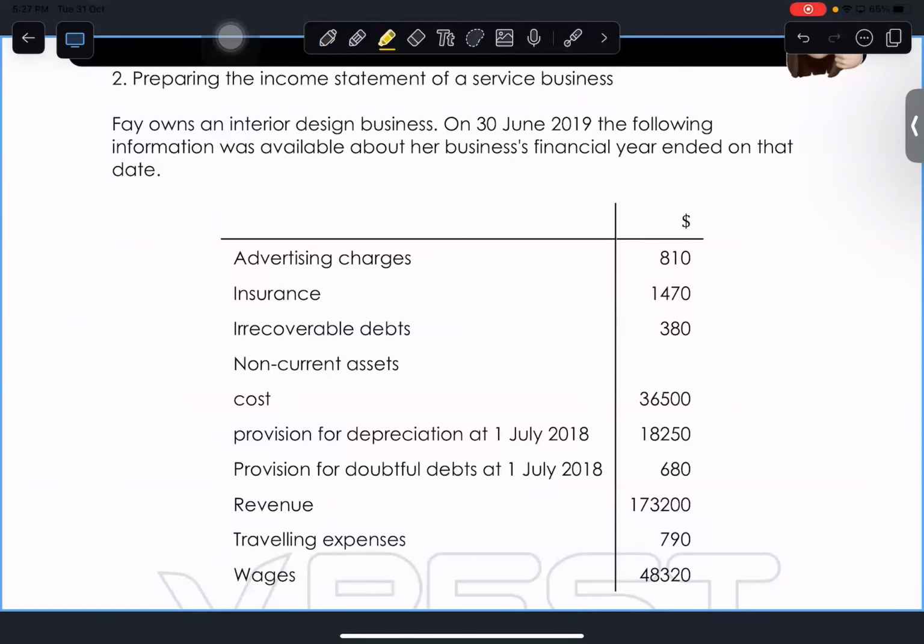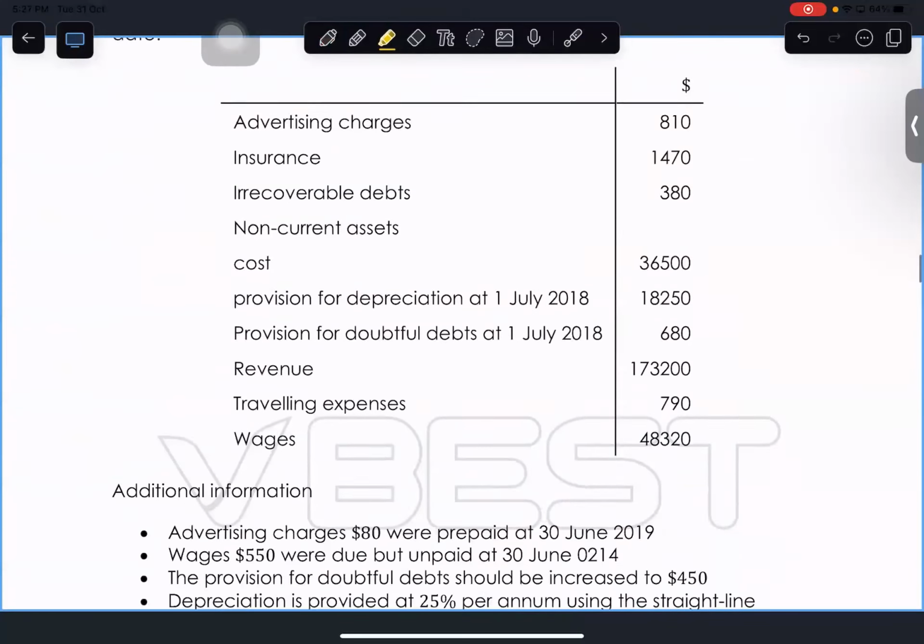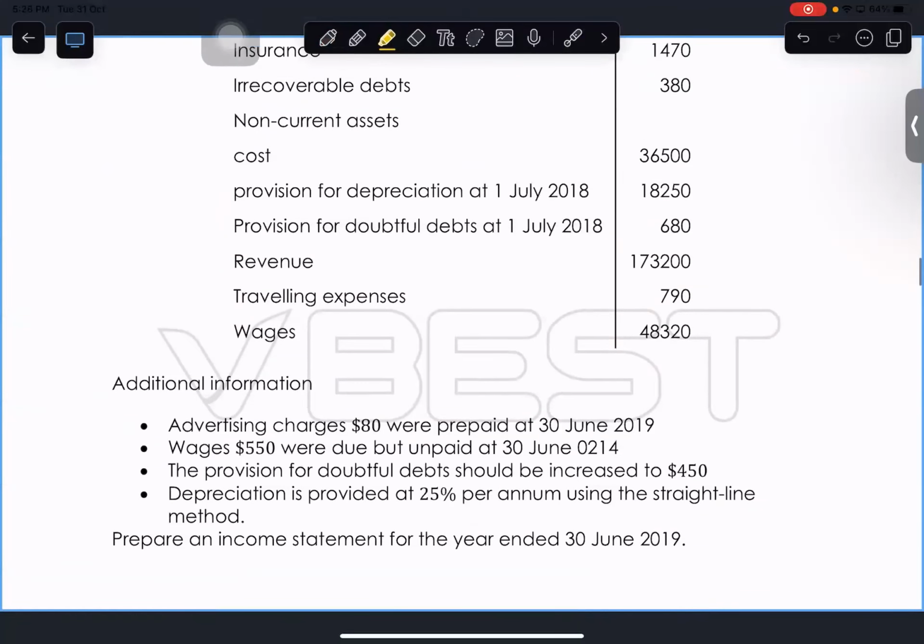For the things here, preparing the income statement of a service business. Faye owns an interior design business, and on 30th June the following information was available about the business. So you have a list of items here. Advertising charges 80 were prepaid.